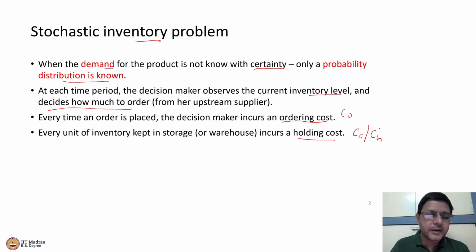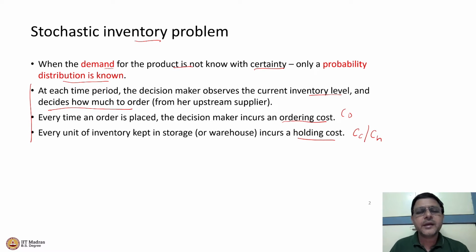The inventory has to be carried in a warehouse, so a warehouse has to be rented, and there is the cost of maintaining the storage facility, all that we have discussed. So the essential features of the inventory optimization problem remain exactly the same, just that demand now has a probability distribution. So let us get into the detail.